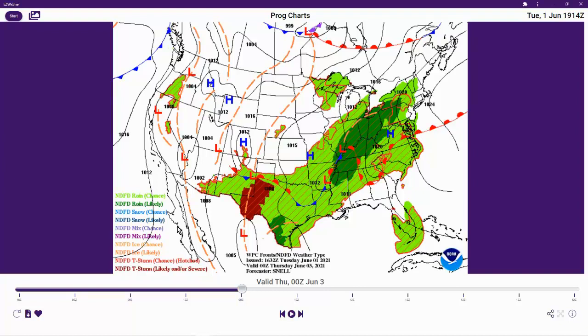So 15 up to 55%. Anything that's a dark color, dark green, dark blue, is a probability of 55% or greater. So the darker colors typically mean a higher probability, and we translate that into a higher confidence the forecaster has that there will be that precipitation type reaching the surface.